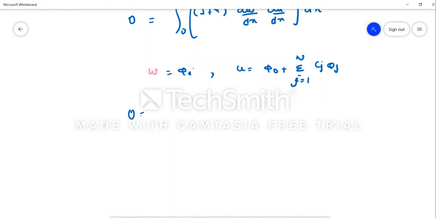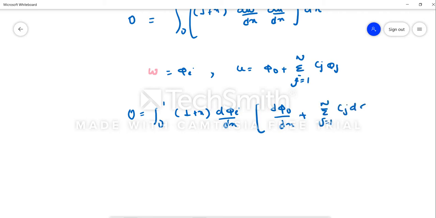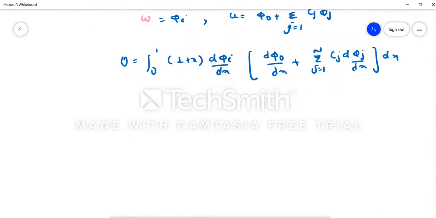So our equation will look like this after putting these values: integral of (1 plus x) d phi i over dx times d phi naught over dx plus the sum over j equals 1 to n of cj d phi j over dx, dx. Now we will separate these terms, and then multiply.